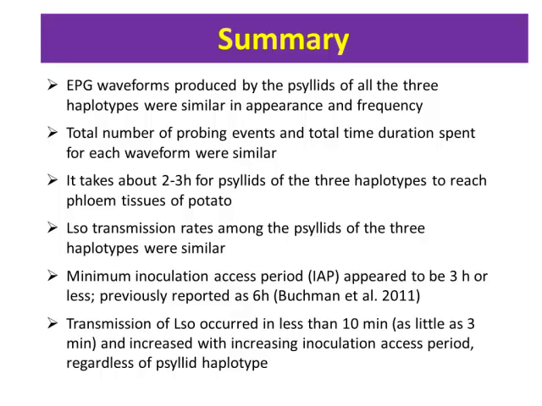Surprisingly, we used to use 6 hours as our minimum inoculation access period. Bad news, it's even much lower than that. It takes basically a few minutes for these insects, once they reach the phloem, to infect the plant.